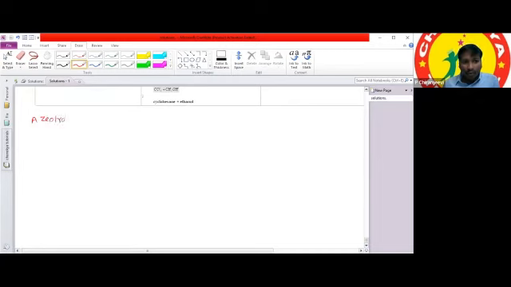Mixture of components. Sir, what is the best example for the azeotropic mixture? Here, water plus ethanol, C2H5OH. And water plus HCl, water plus HNO3.